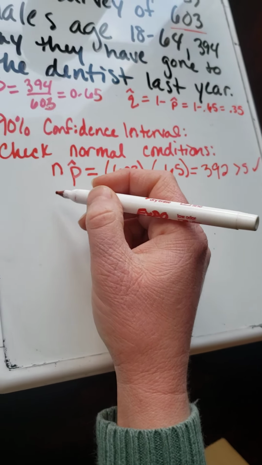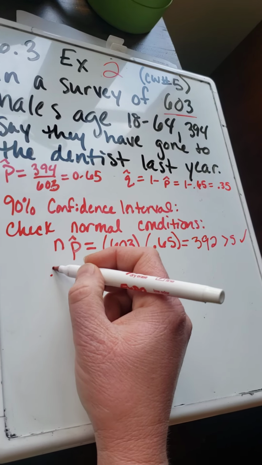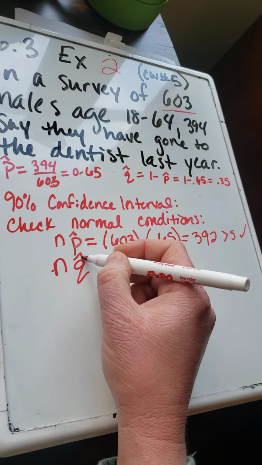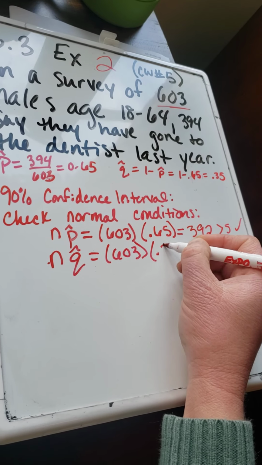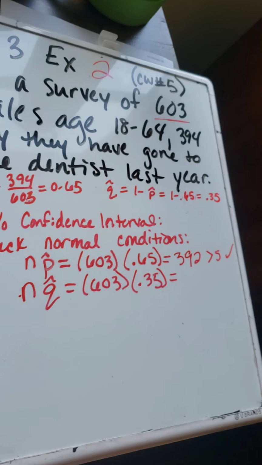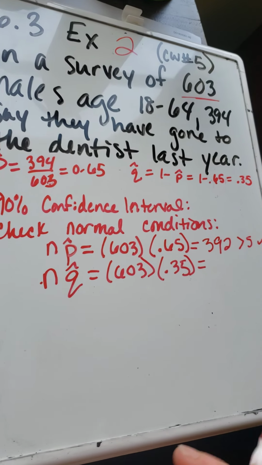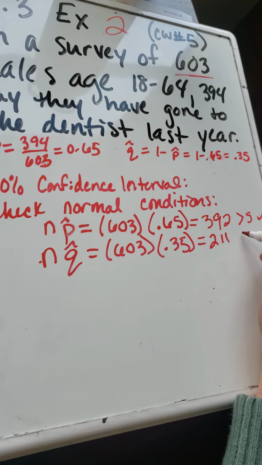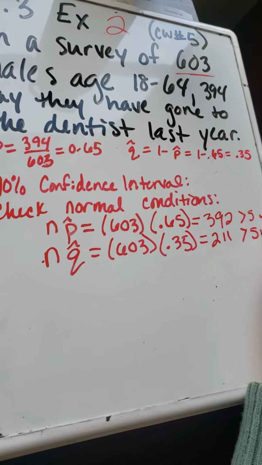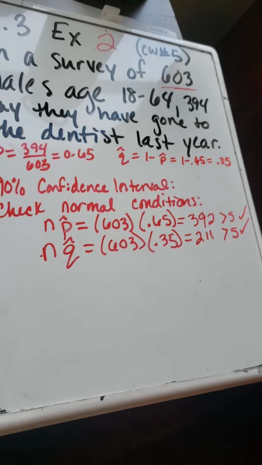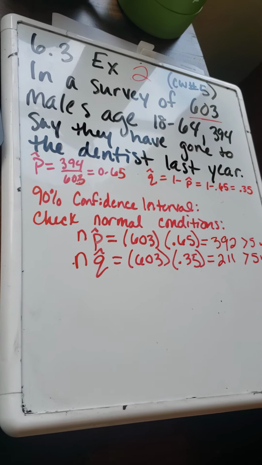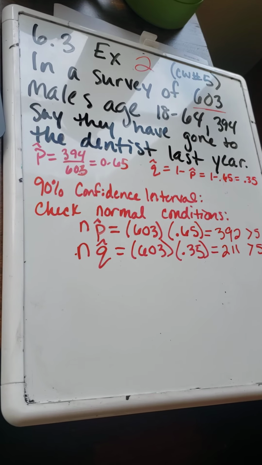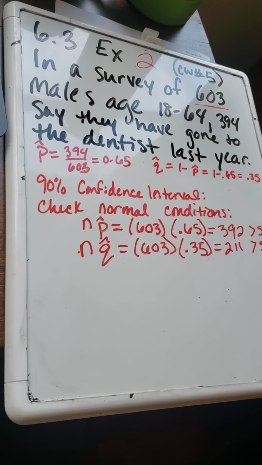And then we check n times q hat. So 603 times 0.35, and we get approximately 211, which is also greater than 5. And so our normal conditions are met, which means we can go ahead and do the actual work for the confidence interval.